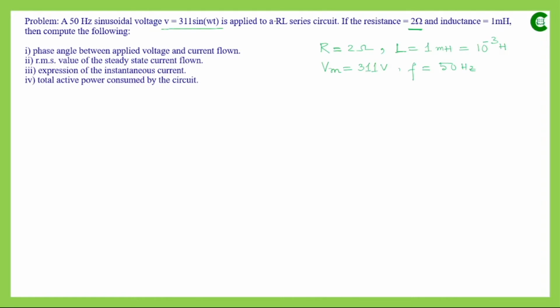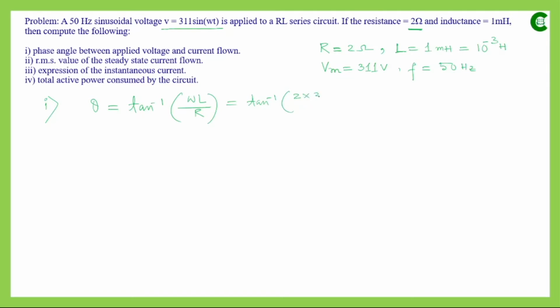From this given information, we have to obtain the phase angle between the applied voltage and the current flowing through that RL circuit. We have seen in this class itself that the phase angle is tan inverse of omega L divided by R for a series RL circuit. So here it will be tan inverse, then omega, which is 2 pi f.